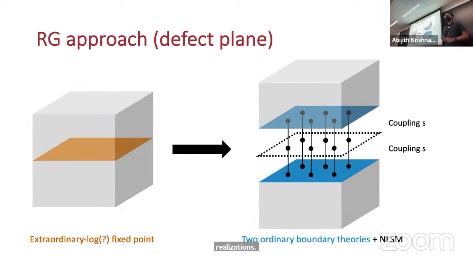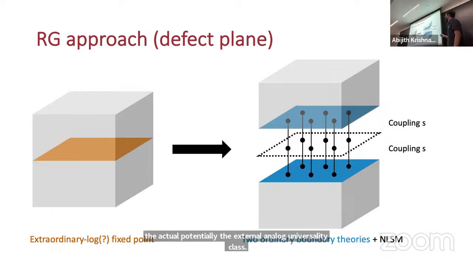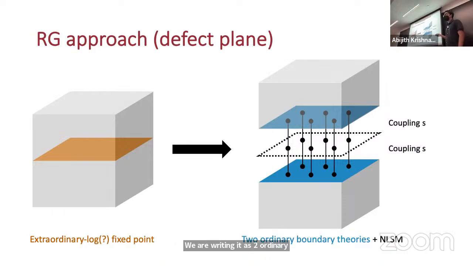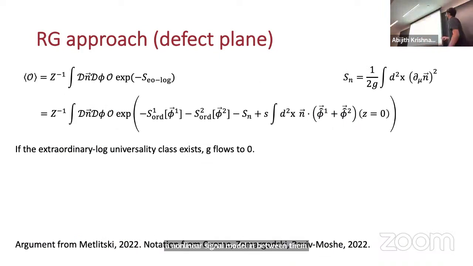All right, so let's go back to the picture that we had of potentially the extraordinary log universality class. You're writing it as two ordinary boundary theories plus a nonlinear sigma model in between them. And this is what it looks like as an equation with an action.